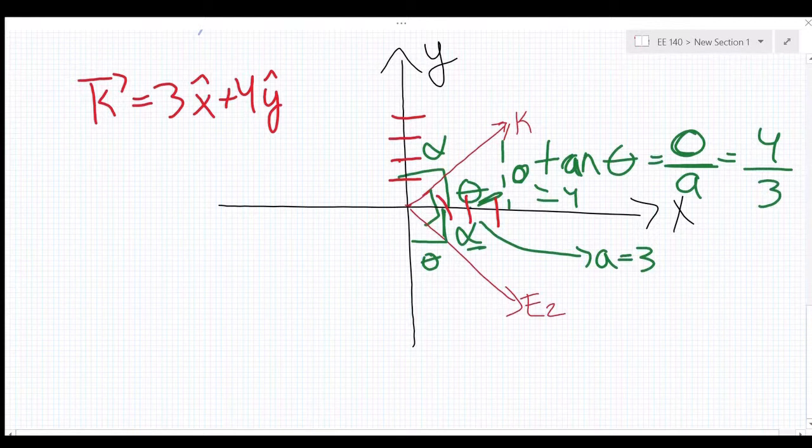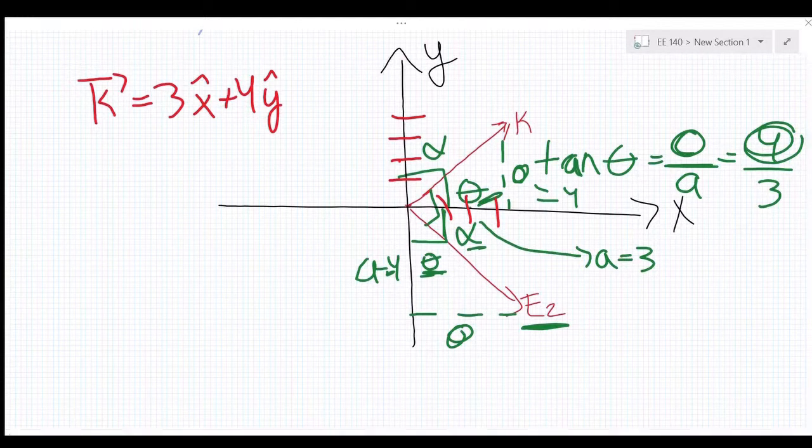Now let's look at our E2. Our theta is right here. This is our opposite, and this is our adjacent. The adjacent is equal to 3, and our opposite is equal to 4.